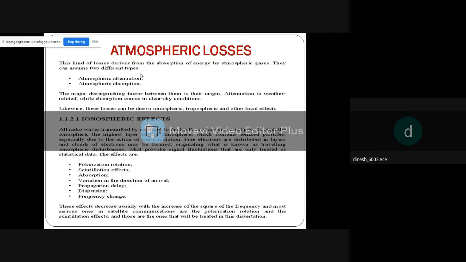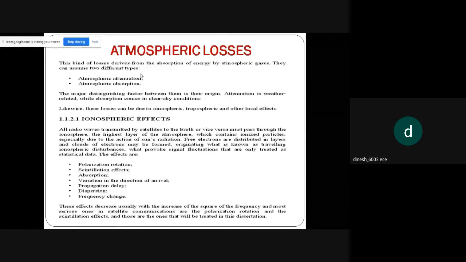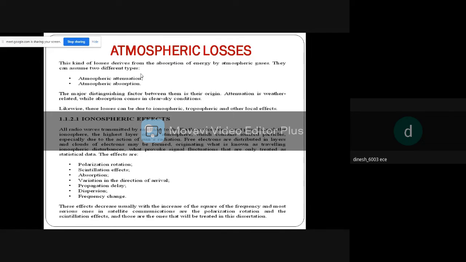When rainfall, snowfall, thunderstorm or sandstorm occurs, attenuation will come into play, while absorption comes under clear sky conditions. Some of the particles or ions present in space will absorb even during clear sky conditions.